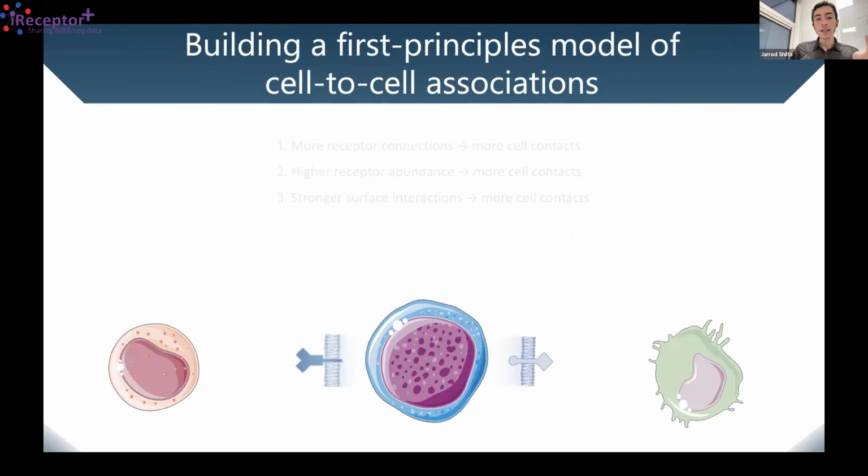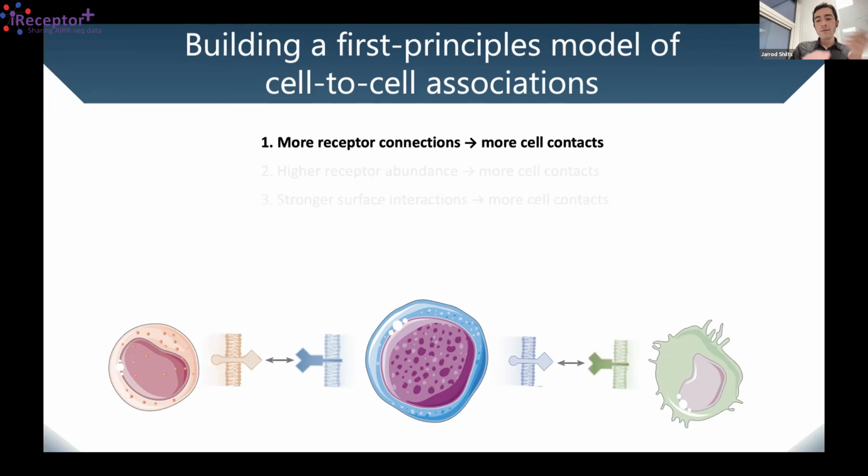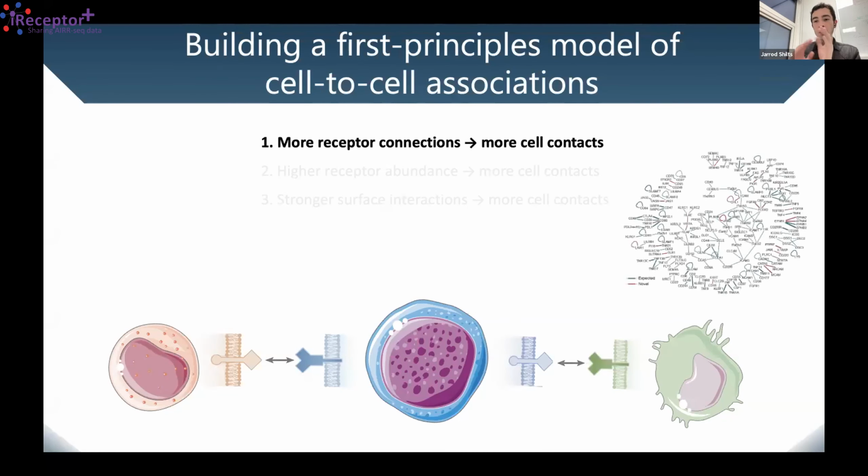I also mentioned modeling. If we measure these molecular components in this level of detail, and we did our job properly of doing this comprehensively, it should follow logically that you can model from basic physical principles how immune cells associate. To give an intuition, it's fairly intuitive that if cells have more connections between them, they are more likely to interact or have long-lasting interactions, which the network I showed you before gives us the data to address.